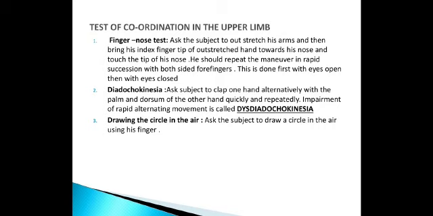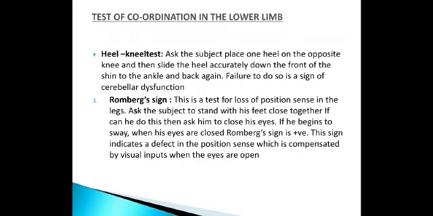For the upper limb, one more test is to ask the subject to draw a circle in the air using his finger. The coordination tests in the lower limb are the knee heel test and the equilibratory test called Romberg sign.